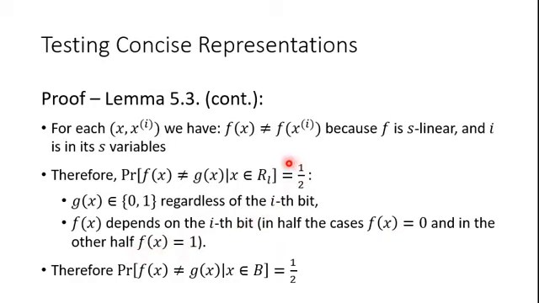And therefore, we get that the probability will be half. And if we don't limit ourselves just to the specific leaf L, but rather look at all those leaves that can reach up to depth s minus 1 inclusive, we get that the probability for f(x) not equal g(x), given x is in B, equals half.